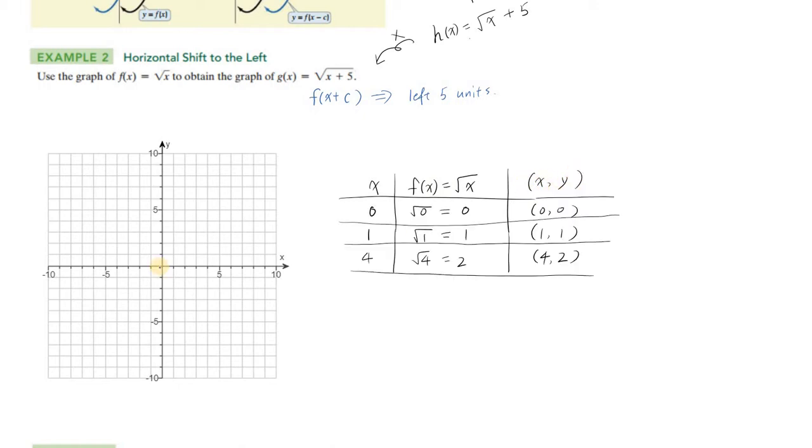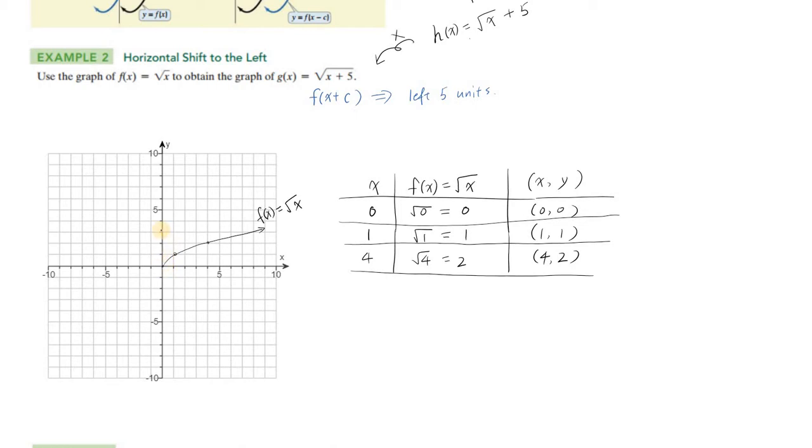So I'm going to have 0, 0 and then 1, 1 and then 4, 2. So I'm going to do it really quick. Once we have this, let me just label it. On your tests and quizzes, please try to label which graph you're graphing, okay? So once we have this, because this rule f of x plus c tells us this graph has to be shifting left 5 units.